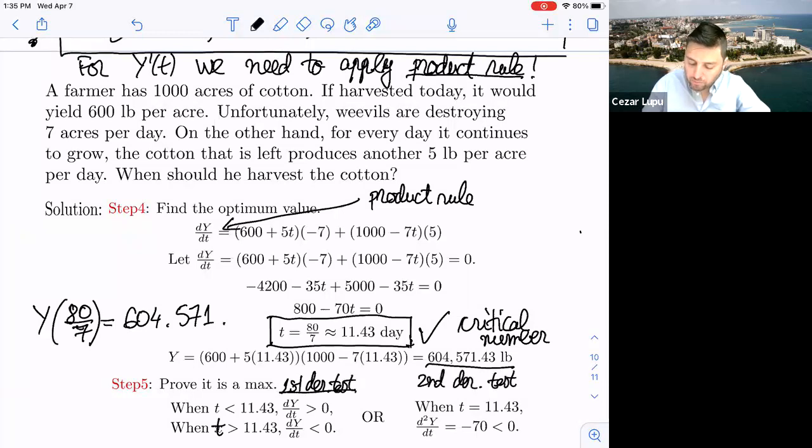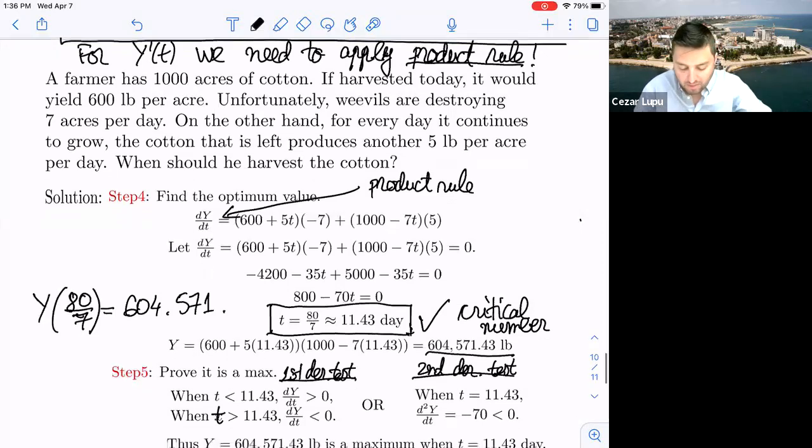which is right here. You compute the second derivative of y, and the only thing you need to do is just plug in the critical number. And if the second derivative evaluated at the critical number is negative, then that is a maximum. If it's positive, then it's a minimum.